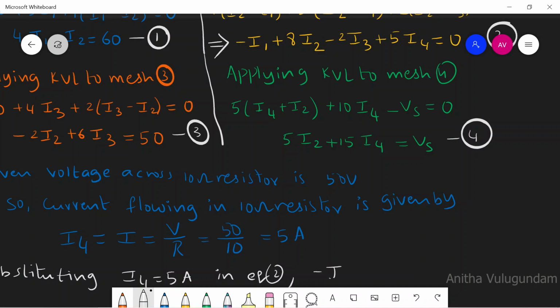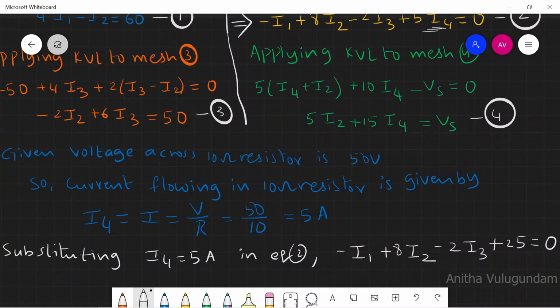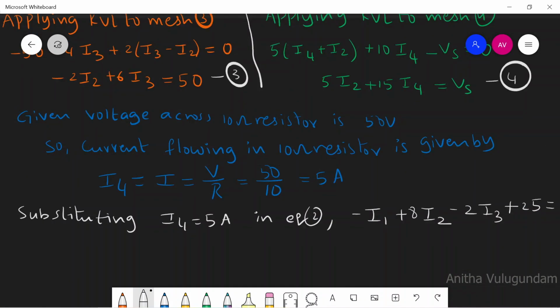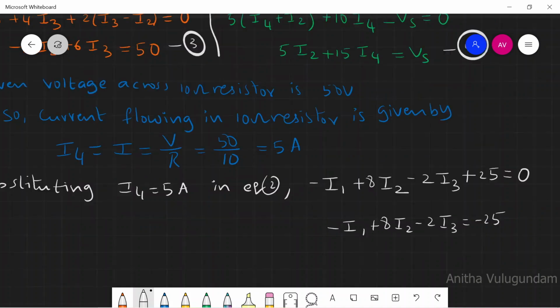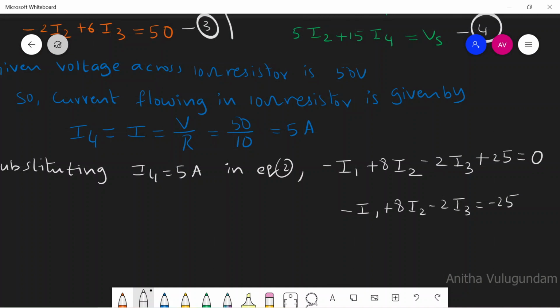I will get minus I1 plus 8I2 minus 2I3 plus 5 into 5, 25, equal to 0. I will rewrite this equation as minus I1 plus 8I2 minus 2I3 equal to minus 25. Let this be equation number 5.